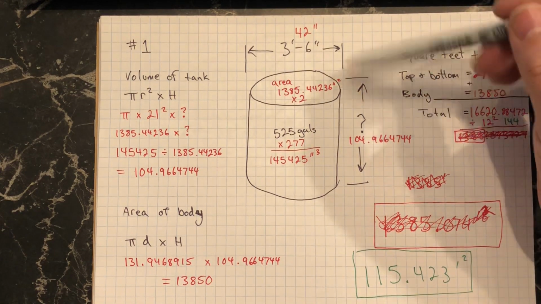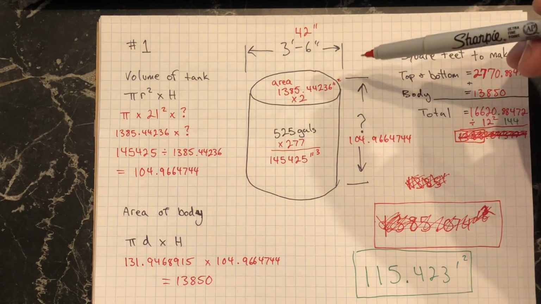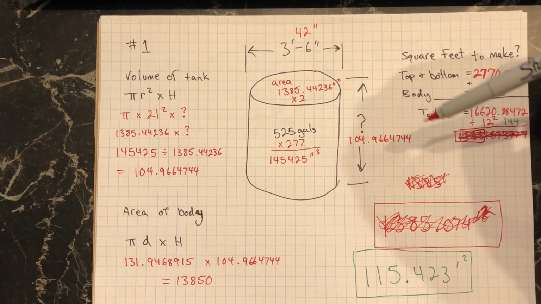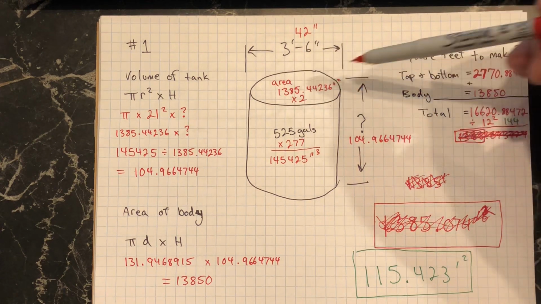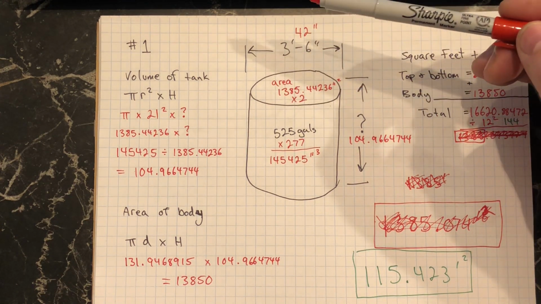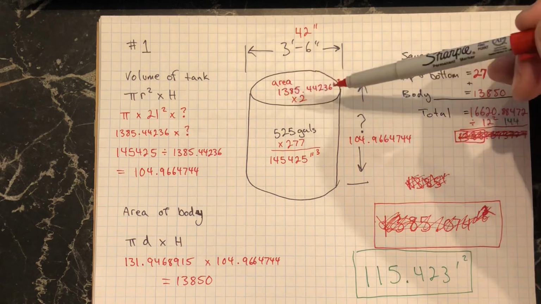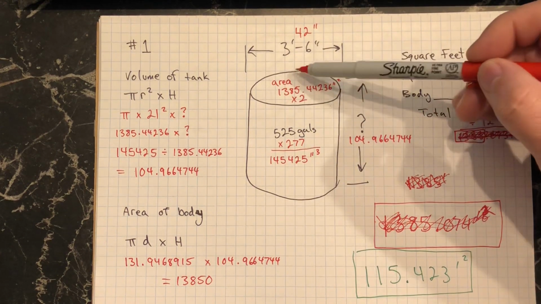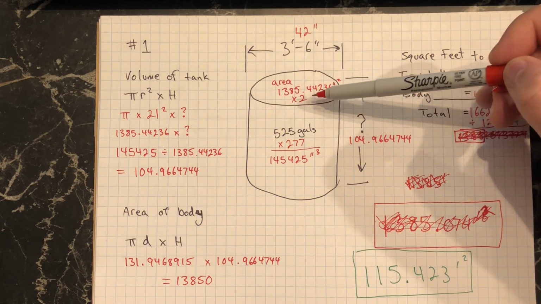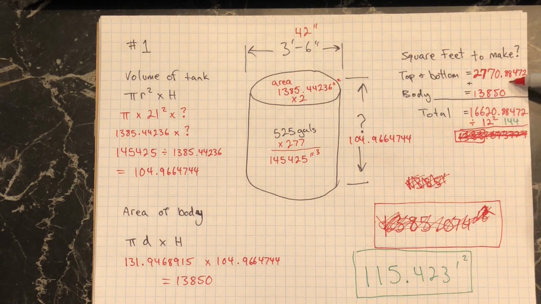To find the volume of something, it's pi r squared times height. Doing the pi r squared gives me the area of the ends. Now this container is going to have 2 ends, so I found the area and multiplied it by 2. So I have the area of the top and bottom.